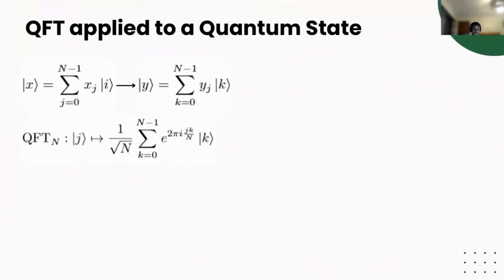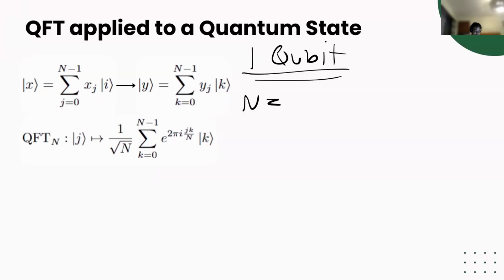So to prove this to ourselves, that this is in fact the Hadamard gate, and I'm not just lying to you, we can write effectively the same equation, but instead of as a unitary matrix, we can write its action on a state. So if I go ahead and say that I want to apply this for the 1-qubit case once again, we know that our n is equal to 2 to the 1.